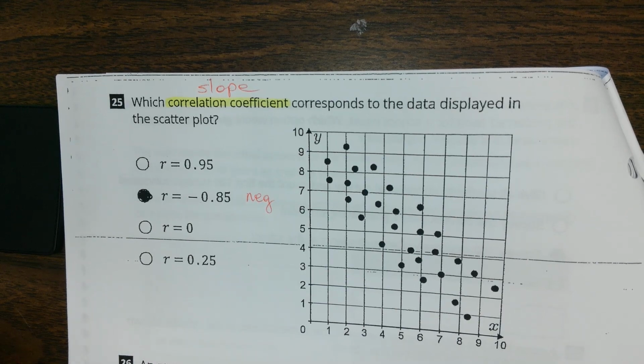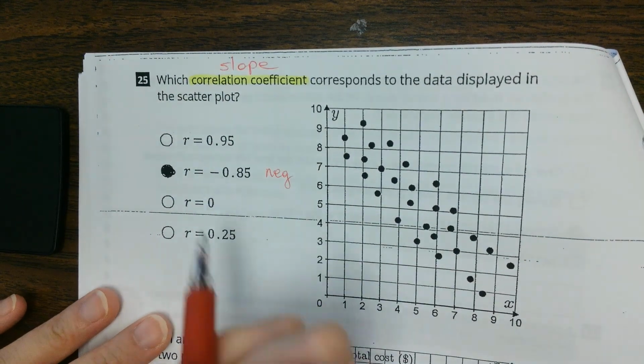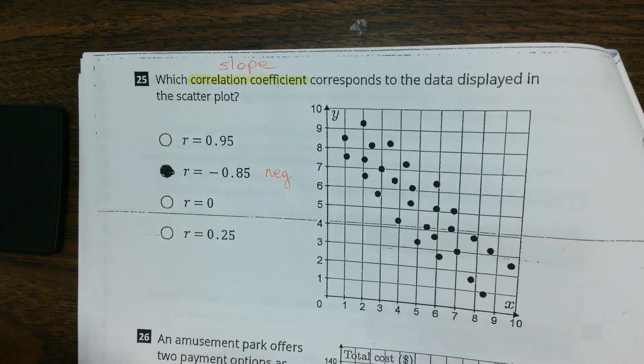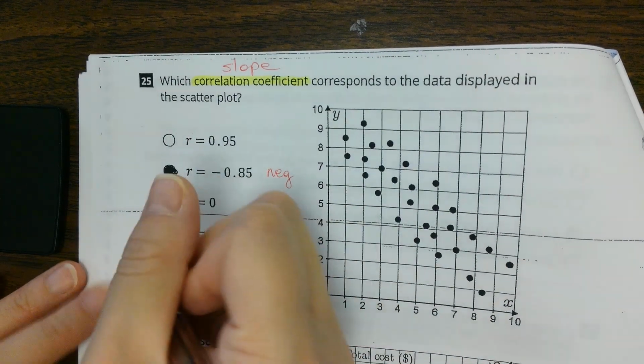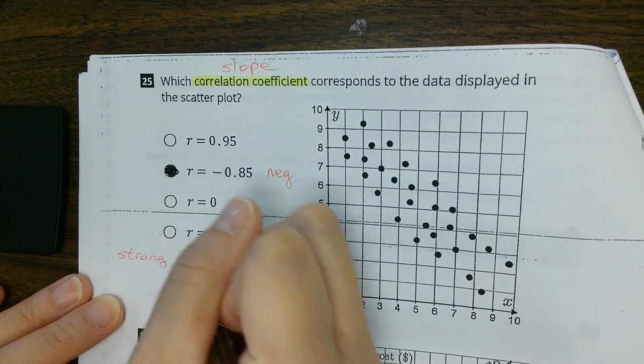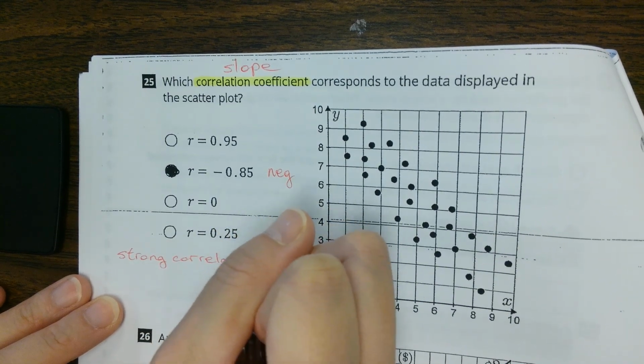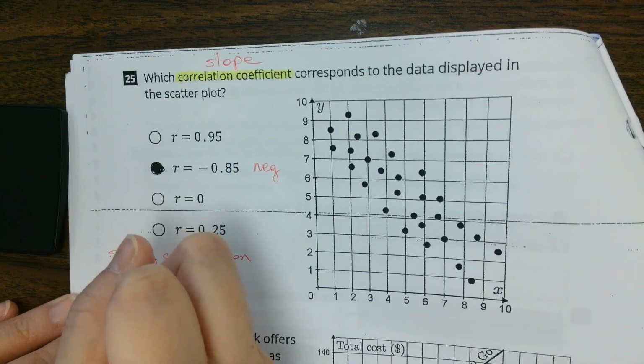Okay. But I do want to mention these right here. I think one of the questions was asking about a strong correlation and a weak correlation.